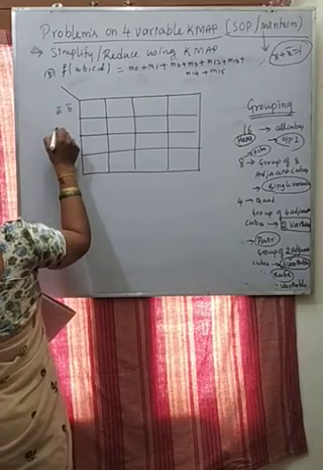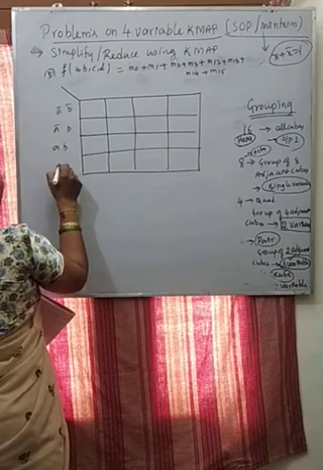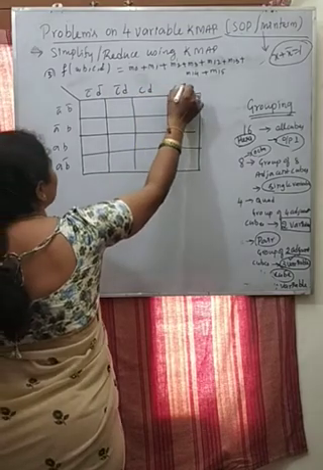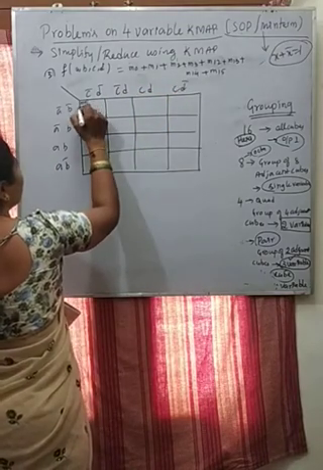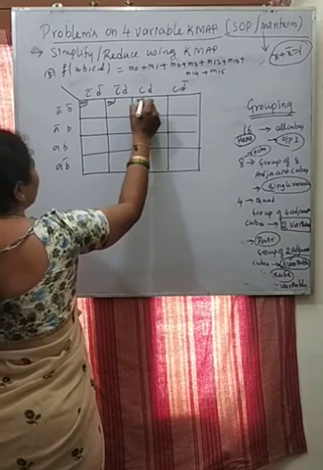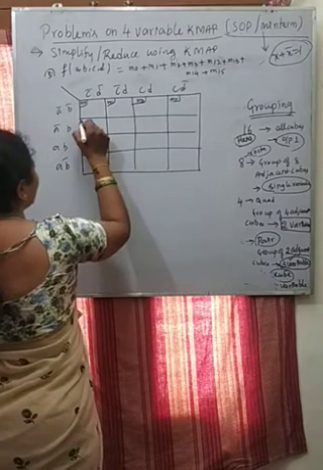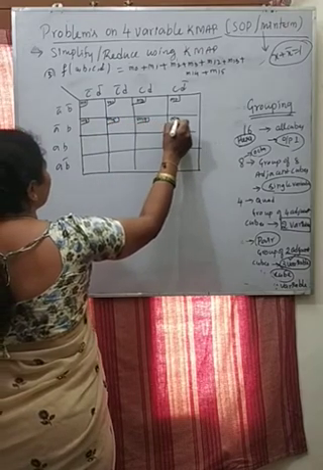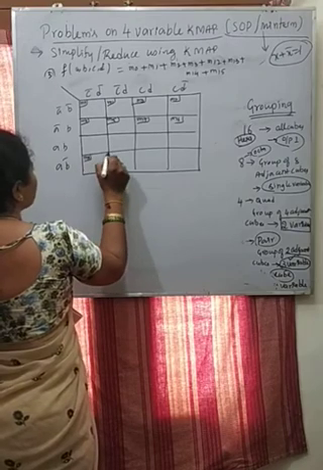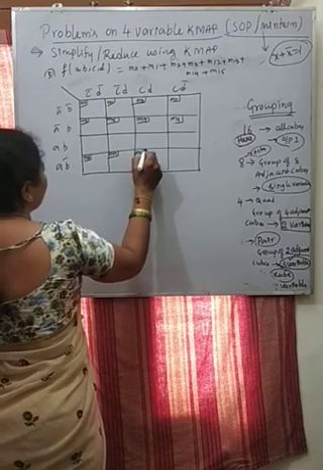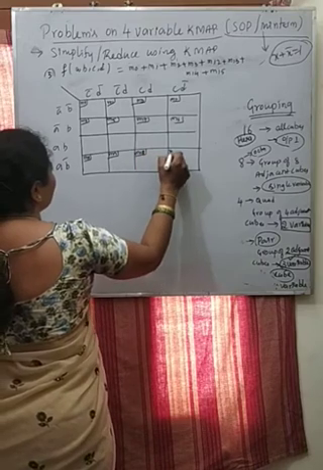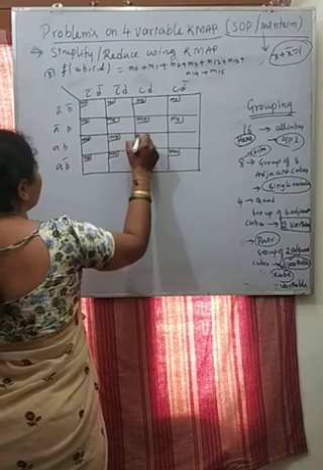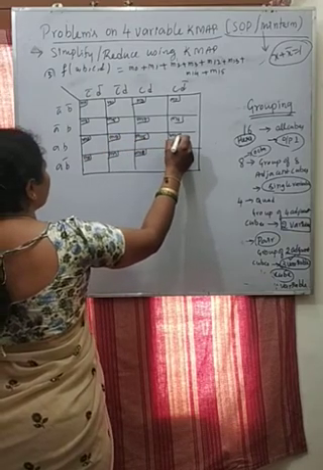A complement B complement, A complement B, A B, A B complement. C complement D complement, C complement D, C D, C D complement. This is your M0, M1, M3, M2, M4, M5, M7, M6, M8, M9, M11, M10, M12, M13, M15, M14.